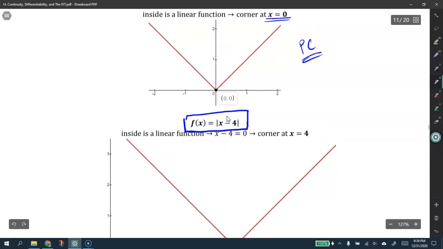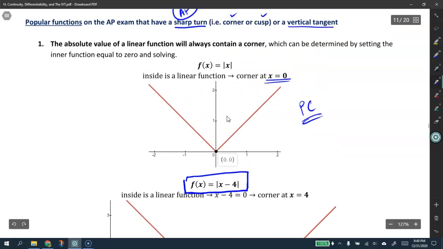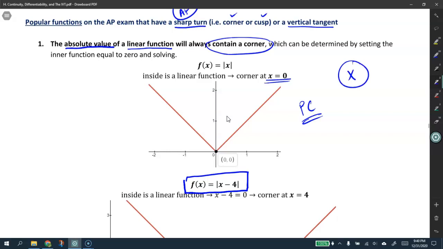So one thing that you can do to prevent yourself from forgetting is this: the absolute value of any linear function is always going to contain a corner. So if you notice that you have an absolute value and the function inside is linear, meaning it has a highest power of x of 1, it's guaranteed to have a corner in it.